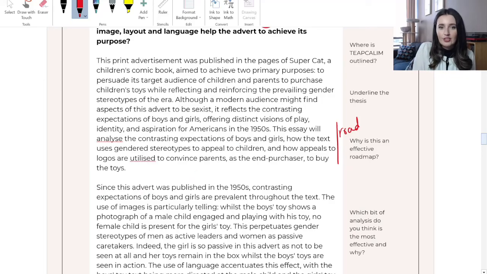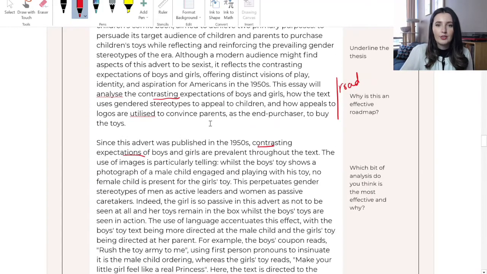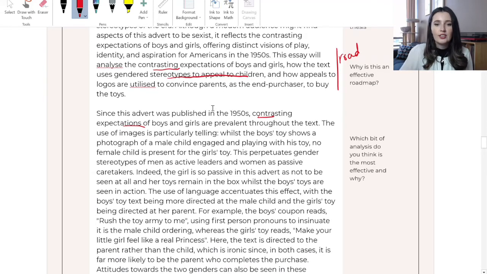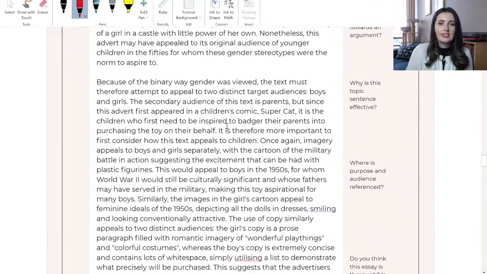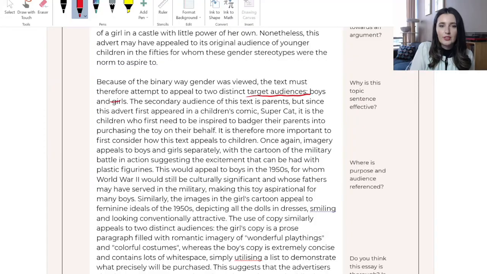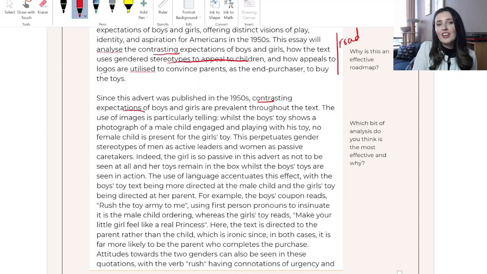So here I literally say we're going to talk about contrasting expectations of boys and girls, and down here contrasting expectations of boys and girls. Next I say that we're going to talk about how they're using gender stereotypes to appeal to children, and in my second paragraph you can see, yes, we've got 2 distinct audiences, boys and girls, so we're going to analyse that next. And thirdly, we're going to analyse use of logos to convince parents.